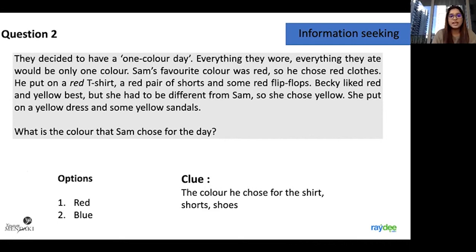Becky liked red and yellow best, but she had to be different from Sam, so she chose yellow. She put on a yellow dress and some yellow sandals. What is the color that Sam chose for the day? So we can understand that Sam was wearing a red t-shirt, red shorts, and red shoes. As a matter of fact, some red flip-flops. So your answer will be red.